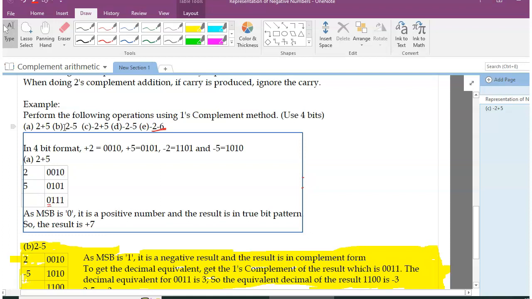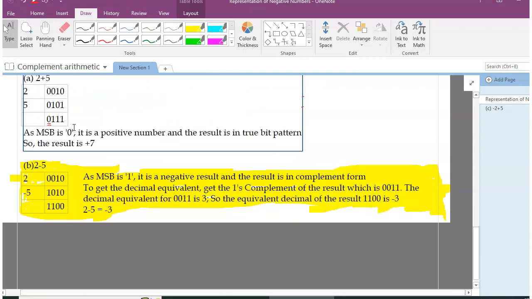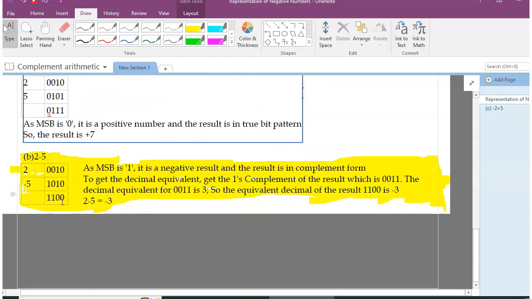I am writing the binary pattern for 2 and I am writing the binary pattern for minus 5 and then I am adding. 0 plus 0 is 0, 1 plus 1 is 10, 0 is here and 1 is going here. 1 plus 0 is 1, 0 plus 1 is 1. And this one is our result. No carry is produced. So no need to add that one with this LSB. Now check your MSB. MSB is 1.